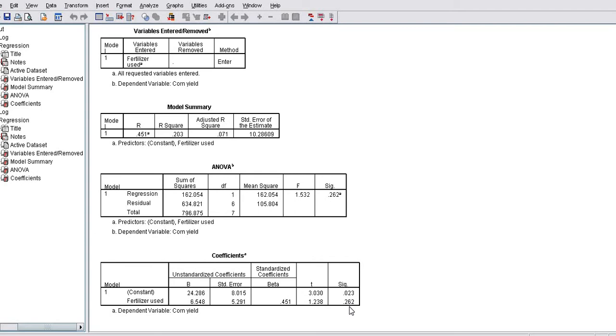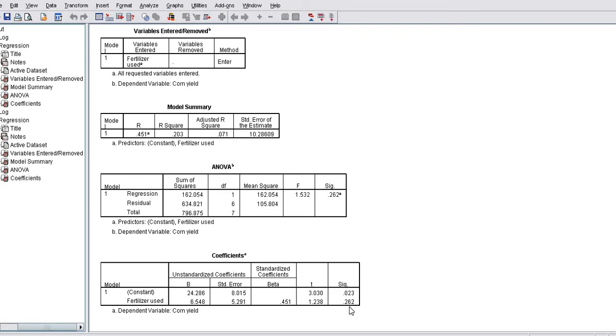I think fertilizer is not the only factor which affects corn yield. There are many other factors: water intake, rainfall, soil nutrients, seed rate, and so on, which contribute to corn yield. Therefore, it is a non-significant factor.